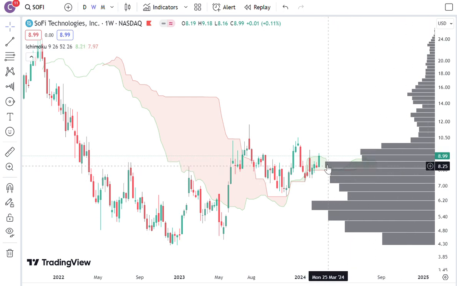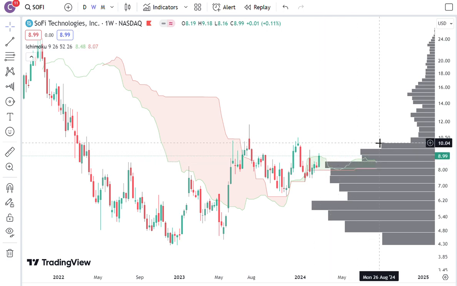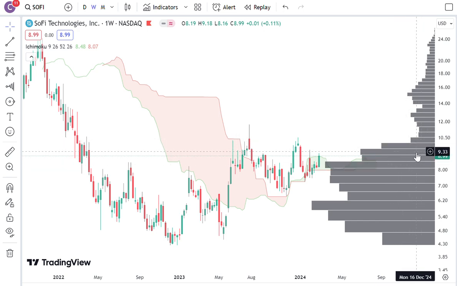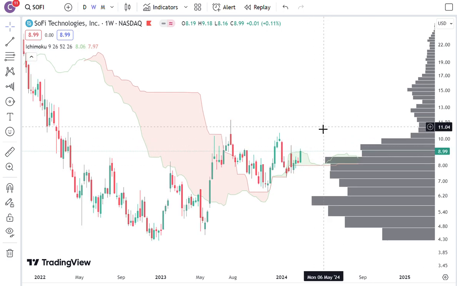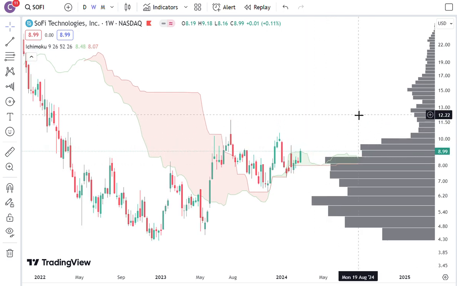As you can see, the price actually got above this pretty heavy area right here, and I think price would like to challenge these different volume sets up here, and I think it might be getting ready to do so pretty soon. Within maybe the next couple months or a few months or so, it could really try to break above.